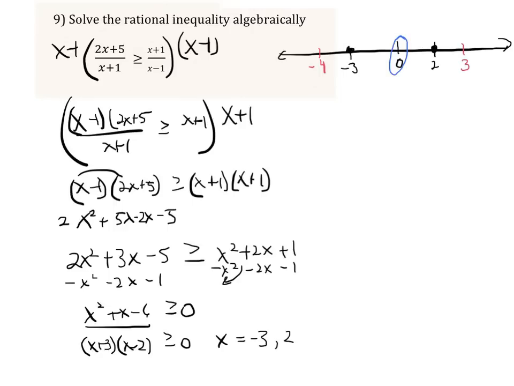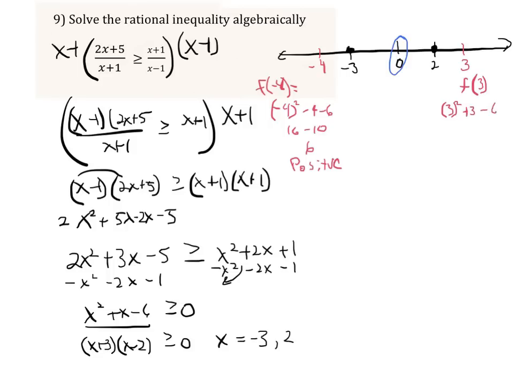Alright, so first let's find out what f of negative 4 would be. Well, f of negative 4 would be negative 4 squared minus 4 minus 6. So 16 minus 10 is 6, so that's positive. And then we've got f of 3. So we got 3 squared plus 3 minus 6.